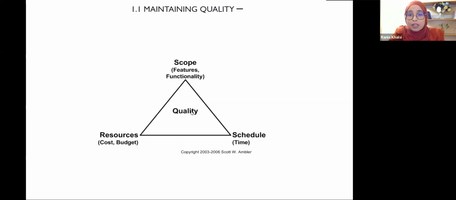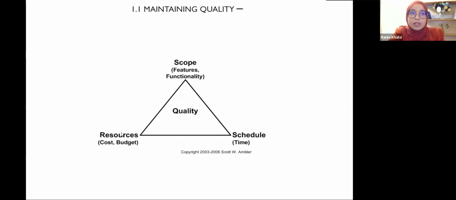In general, the scope is mainly focusing on functionalities and the requirements. You need to meet the user requirements, understand them, and make sure that there are no misunderstandings. At the same time, the resources are very important. You must plan based on the number of programmers that you currently have.